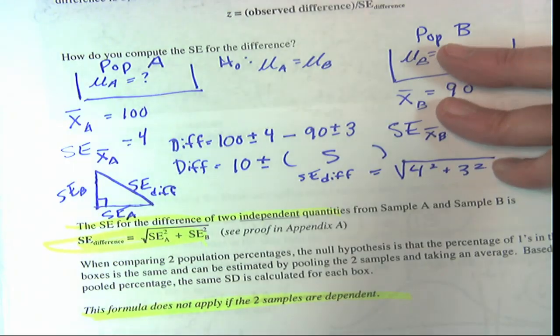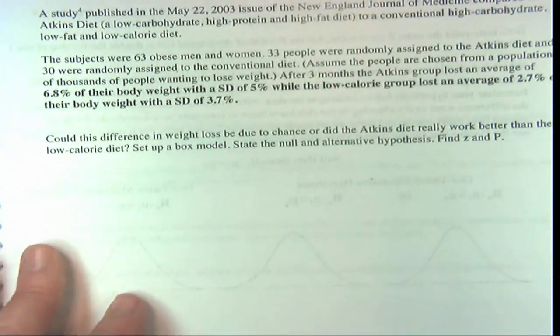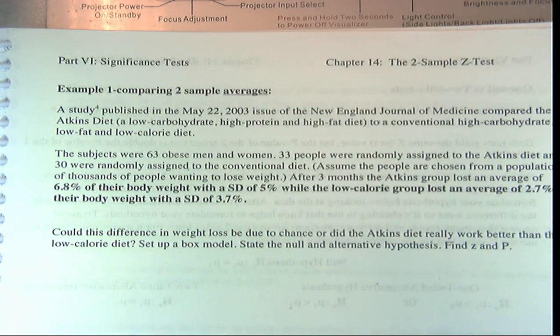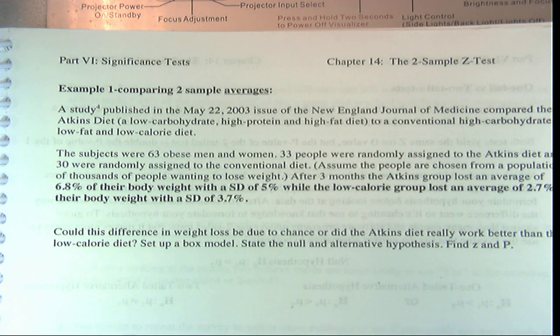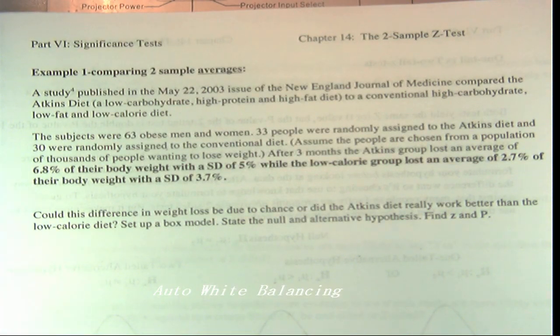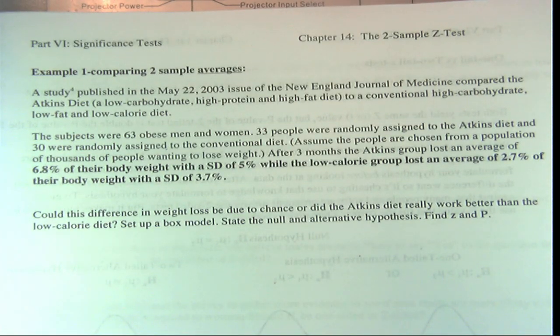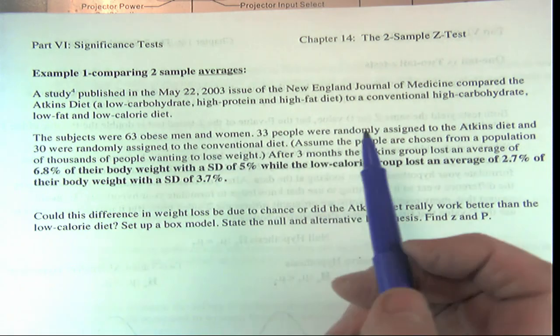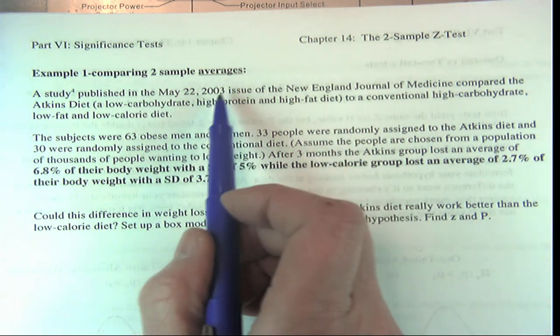So let's now apply that to an example that I wrote a while ago, back when it was very relevant. Maybe these diets are still popular, but this was when the extremely low carb, high protein Atkins diet was very popular, back in 2003.